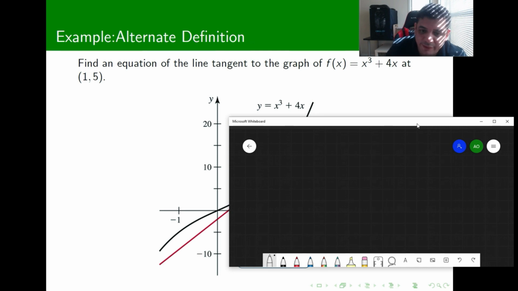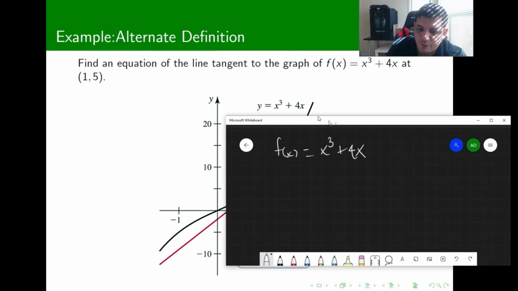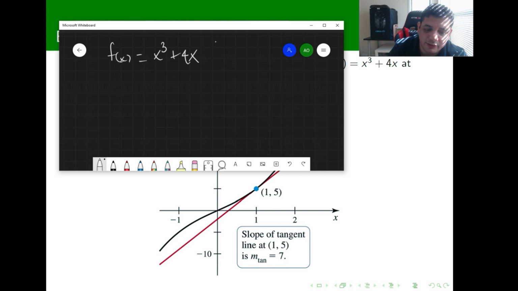So again, we start with the function. We start with f of x equals x cubed plus 4x, and then you want to calculate the slope of the tangent line at 1, 5. So notice that when you plug in 1, you get 5 in here. So this is a and f of a.